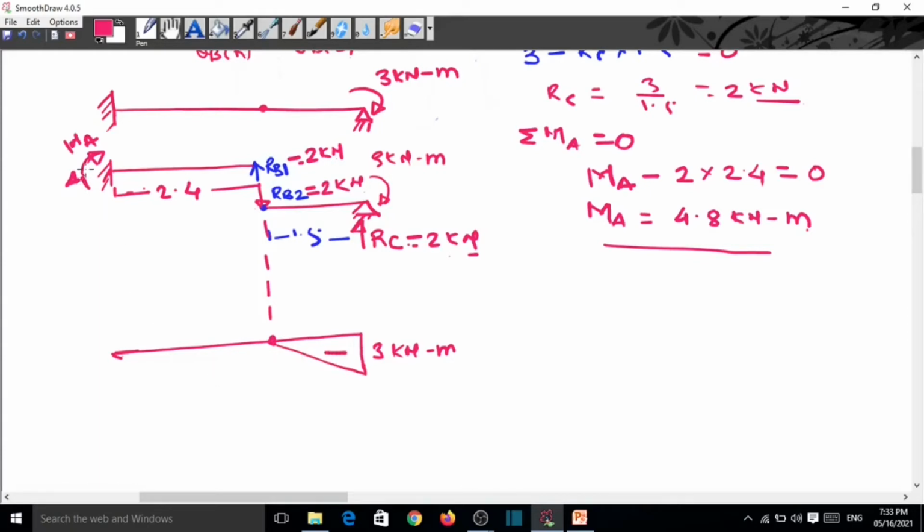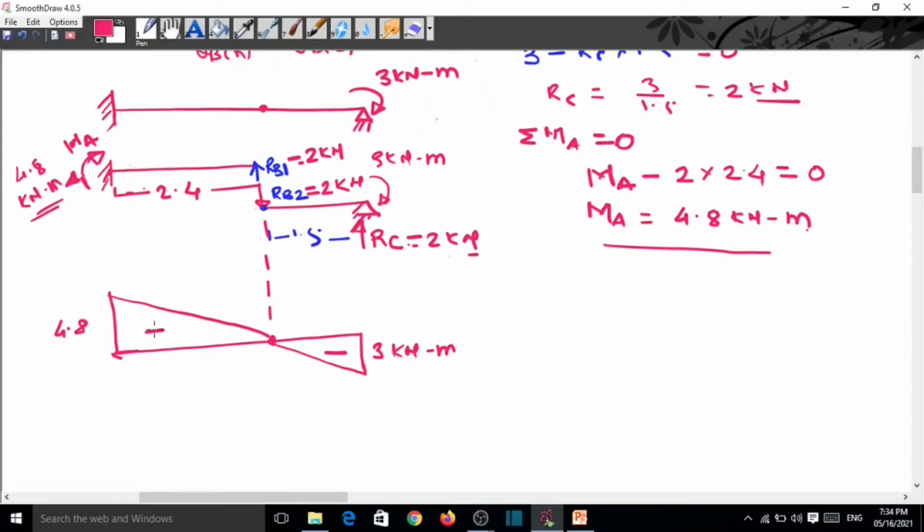Now again here at this support A, we know this creates pressing downward on this beam. So this is sagging bending moment, and that is 4.8 kilonewton meter. So here is 4.8. Then join this line.